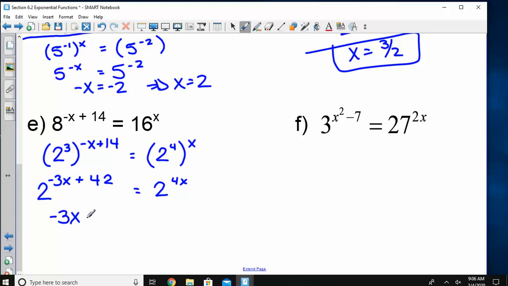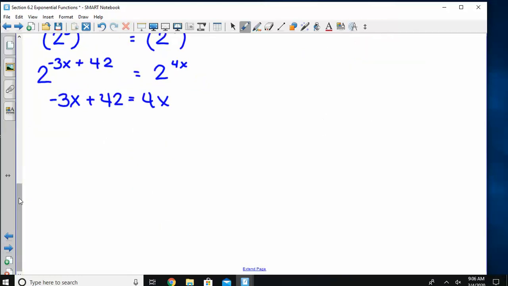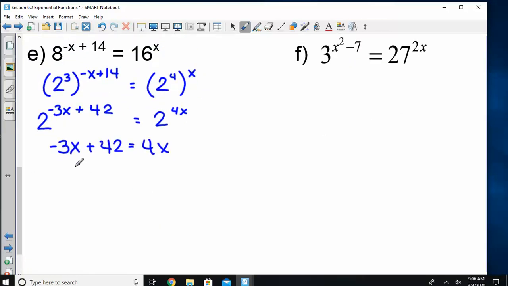Now we drop our base. Add over the 3x. Divide by 7. So we get x equals 6.